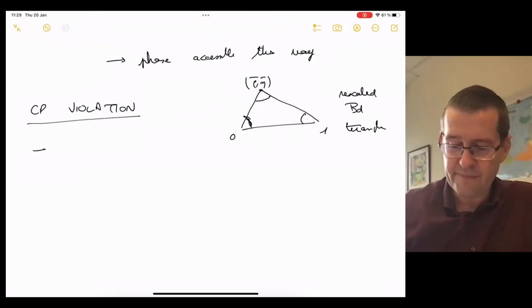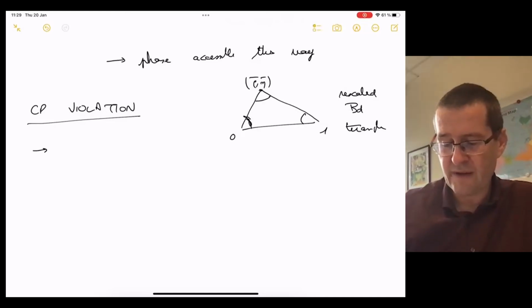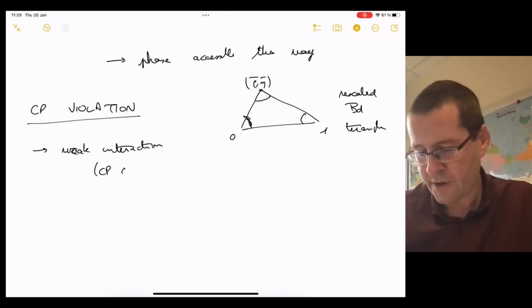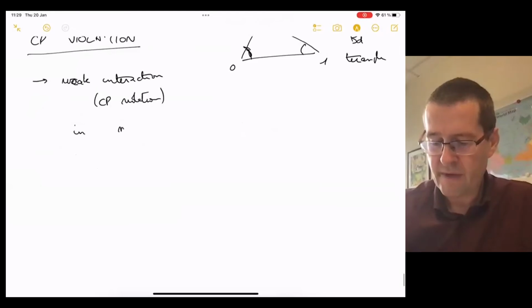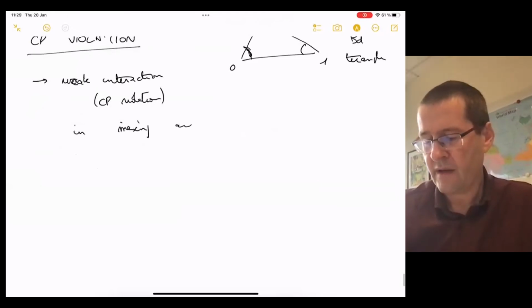And so actually, because of the situation that we have, as we said, a weak interaction, you have potentially CP violation in mixing and in decay.